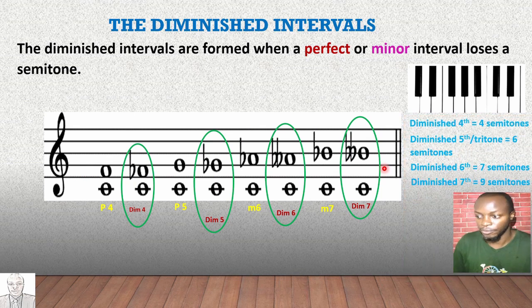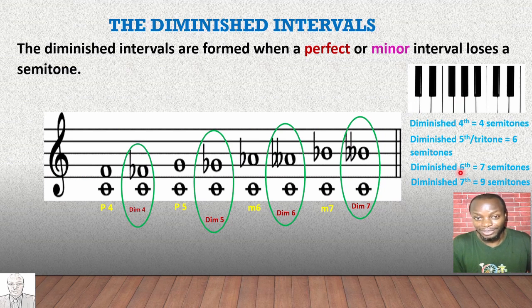Let's talk about some of the intervals and the specific number of semitones we have between them. So when you say diminished fourth, it has 4 semitones, similar to a major third, right? And diminished fifth has 6 semitones, and that's a tritone. Okay, now diminished sixth has 7 semitones in it. Diminished sixth, and that's not a perfect fifth, right?